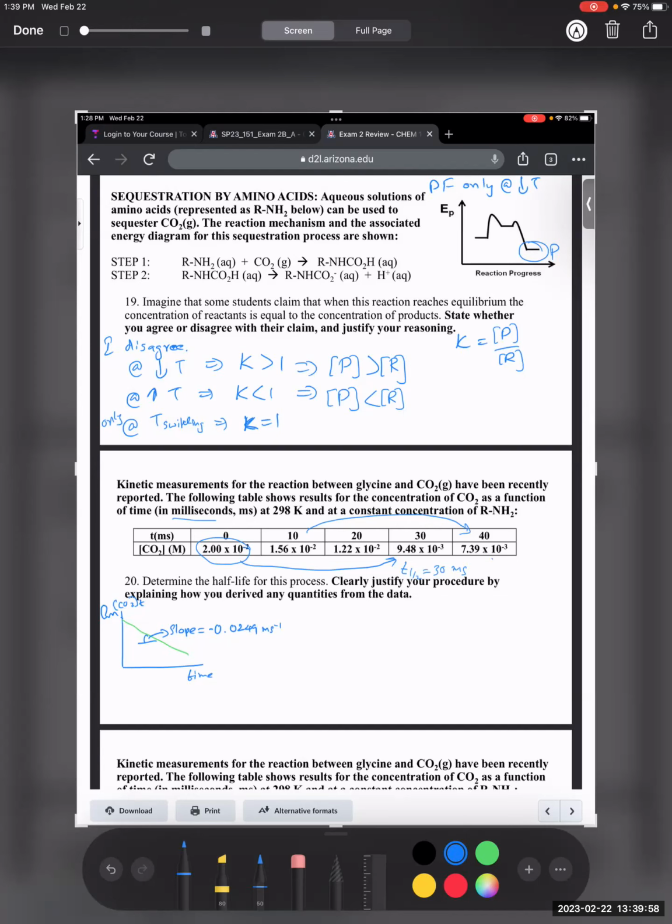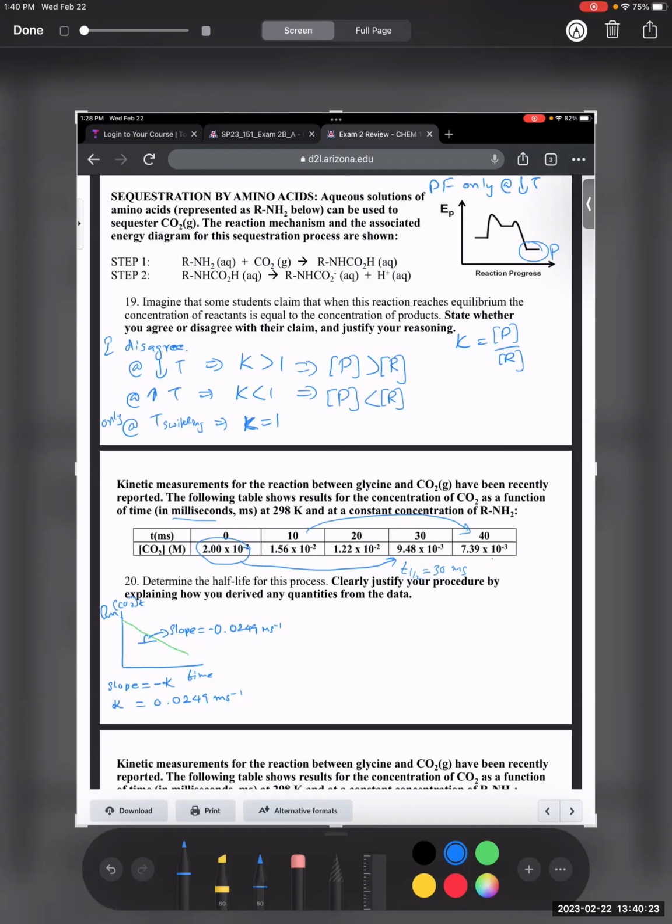And we know for these graphs, the slope is equal to the negative rate constant. Therefore, the rate constant is equal to 0.0249 per millisecond. Okay, so we got the rate constant.